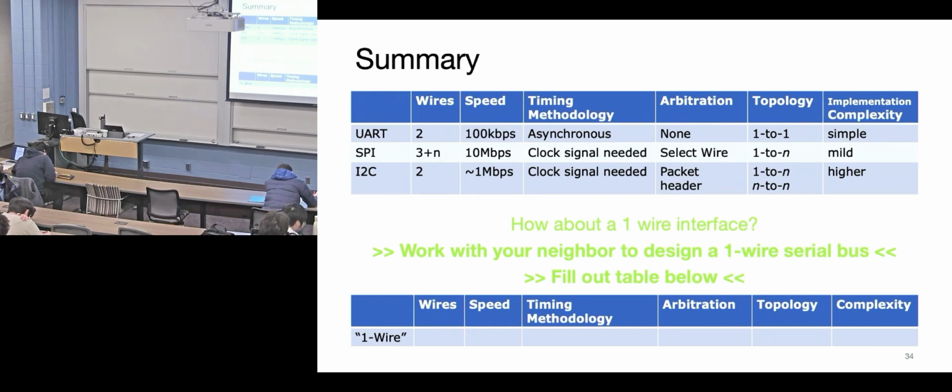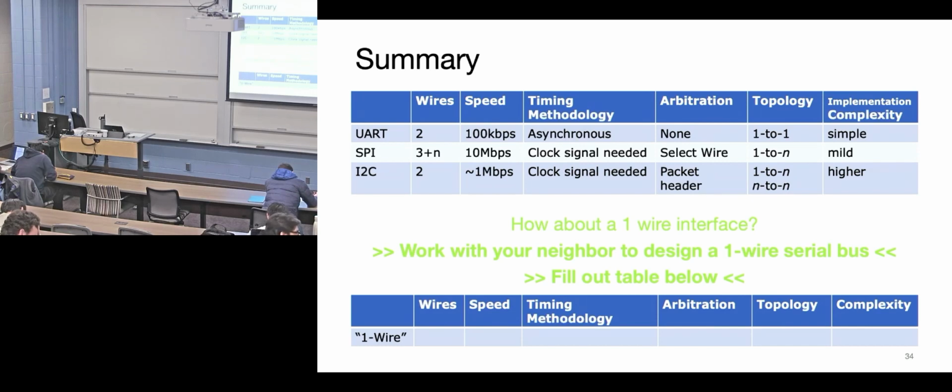Instead of just selecting, you just try on the line and then use the line. So SPI. I2C arbitration. We already get only one wire.